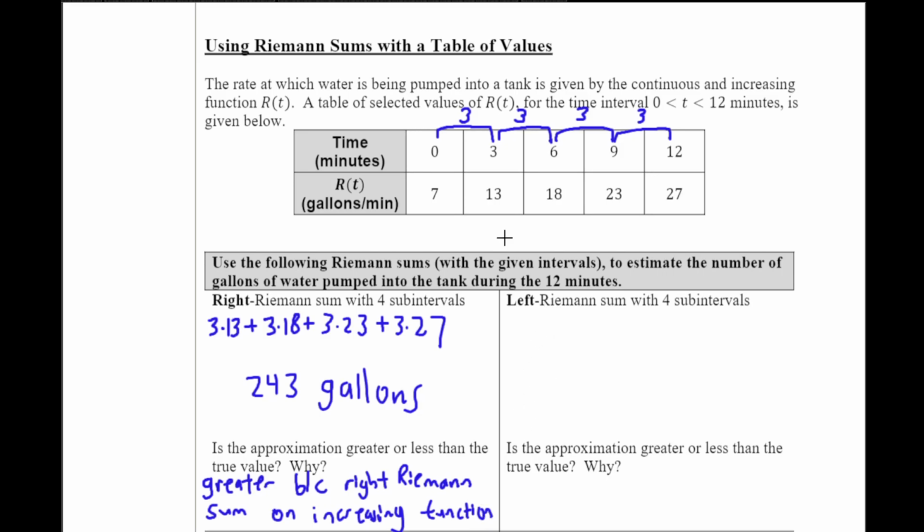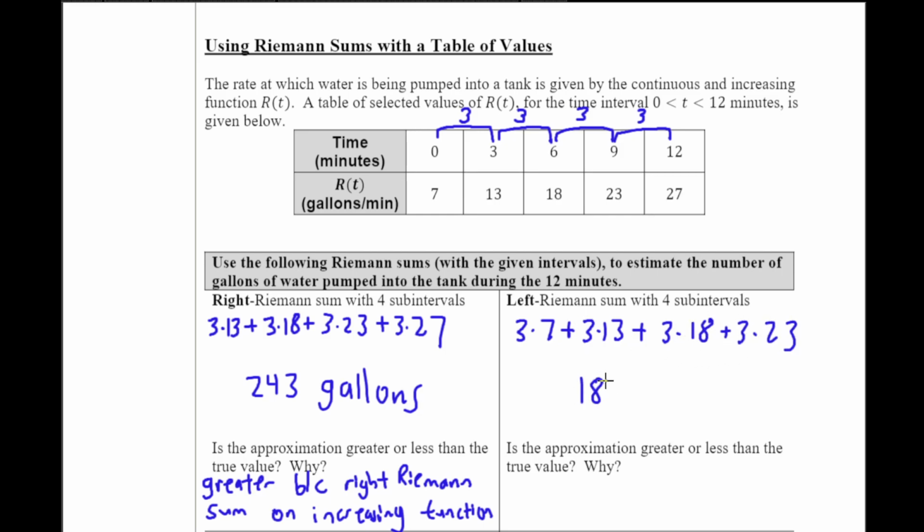This question here. So left Riemann sum. Now we're doing the left. From 0 to 3, the width is still 3, but instead of taking the right, which in the previous problem was 13, we're taking the left as the height, which is 7. 3 times 7 plus, you take the second rectangle here, use the left height, 13. So 3 times 13, and so on, 3 times 18, plus 3 times 23.